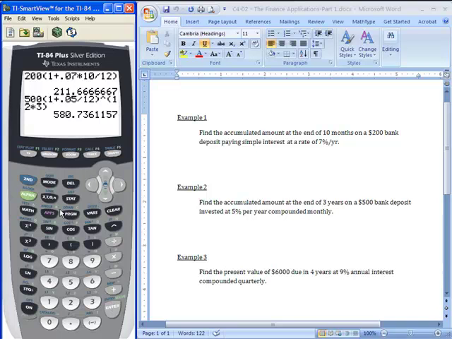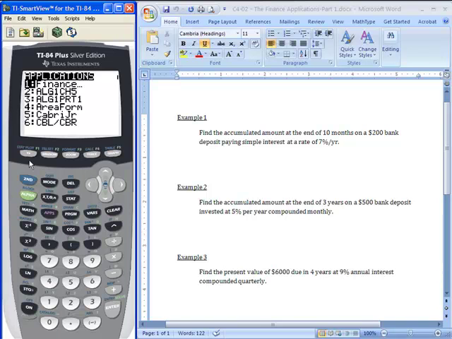I like to do this problem a second time, and I'd like to use a built-in feature of the calculator. If you press the apps key, which is kind of in the upper left of the calculator, right next to the math key, you'll get a list of applications that are in your calculator, and the first one should be finance. So you can either just press enter or choose option 1, and it brings up a number of different pieces here.